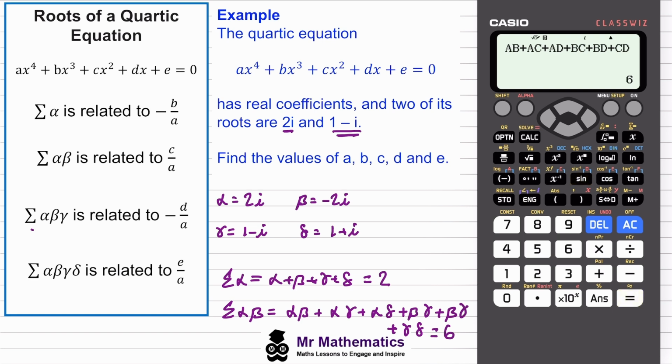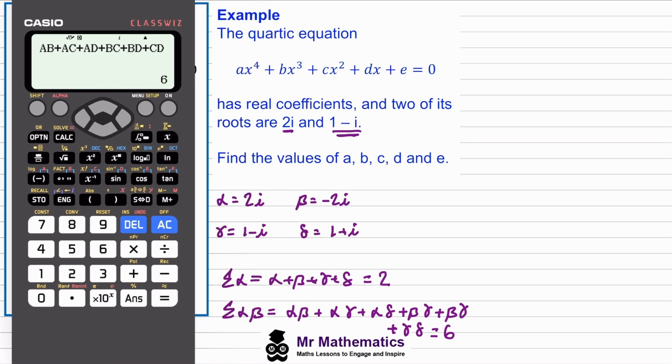Now we can work out the sum of all possible products of 3 roots. This will be alpha beta gamma plus alpha beta delta plus alpha gamma delta plus beta gamma delta.